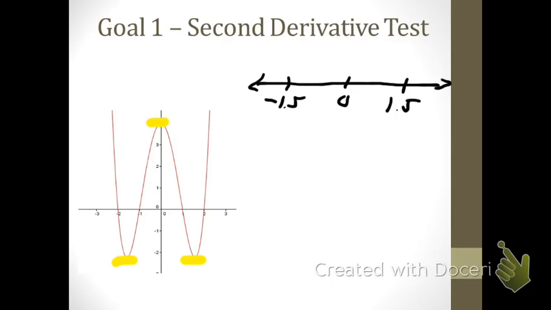We can simply see at each critical value, is the graph of the function concave up? Because if it is, you're going to have a relative minimum value, such as here and here. Both those critical values have concavity up there. Or is that critical value a point where the graph is concave down? And if so, that means that you've got a relative maximum value.